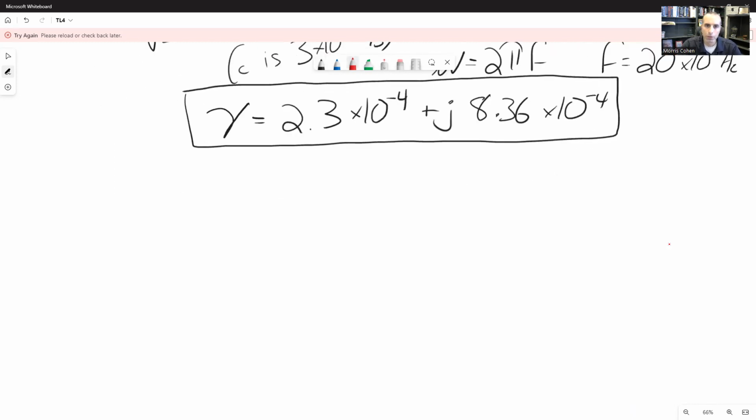Now this first term right here, the real part of gamma, is what we're calling alpha. This is going to tell us how fast the wave is attenuating. The imaginary part is what we're calling beta, and this is going to define the propagation, whereas alpha defines the attenuation.